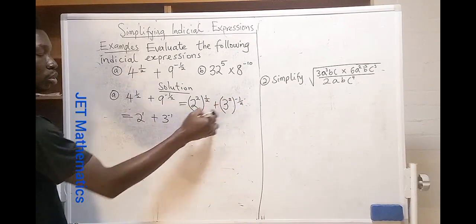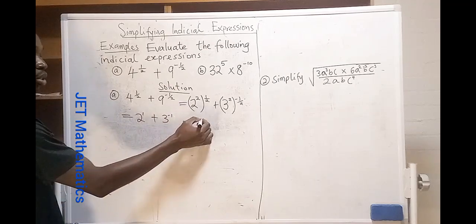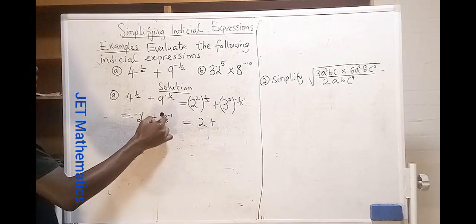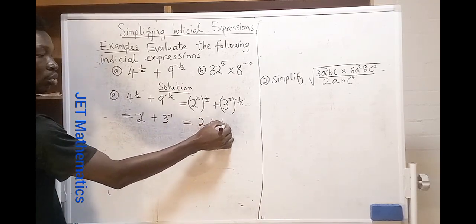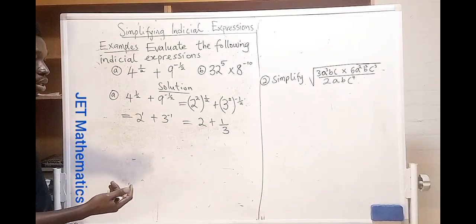Then 2 cancels out with 2, we have minus 1 left. So this gives me 2 raised to the power of 1, which is 2, plus this we can write as 1 over 3.